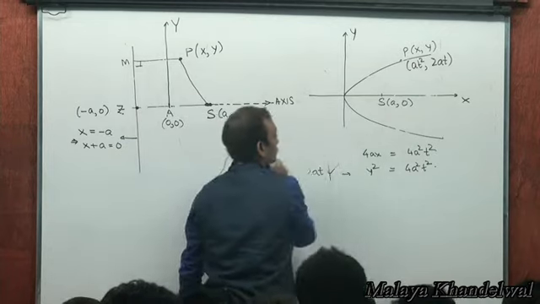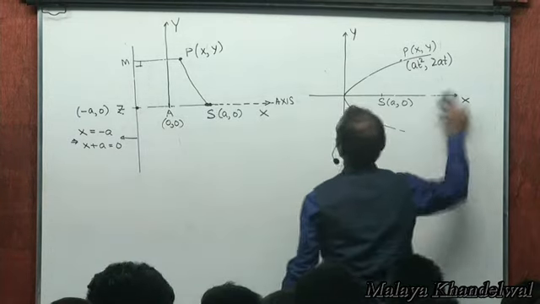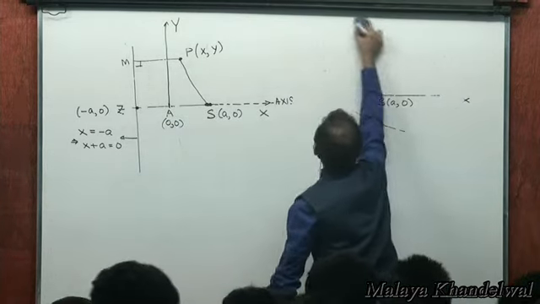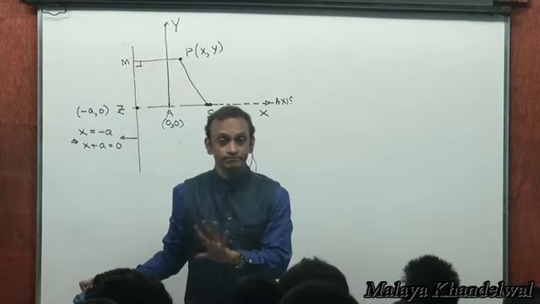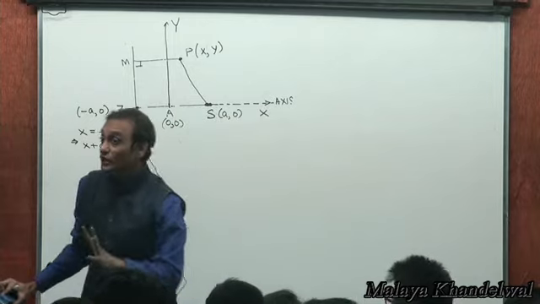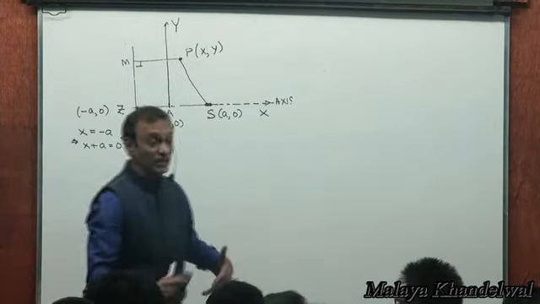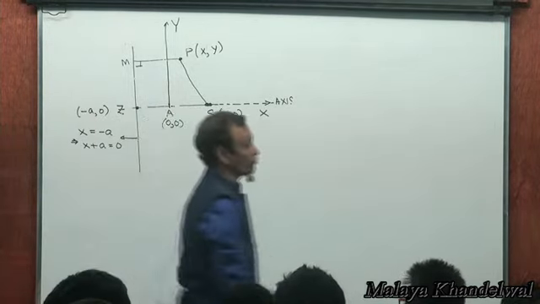Now, more than anything else, what I want you to take notice of is the physicality of this equation. The physicality is important to understand. Y squared equals 4ax actually means the following.